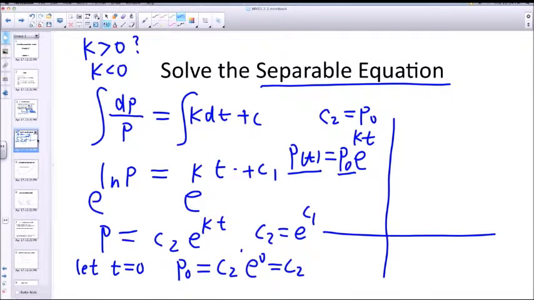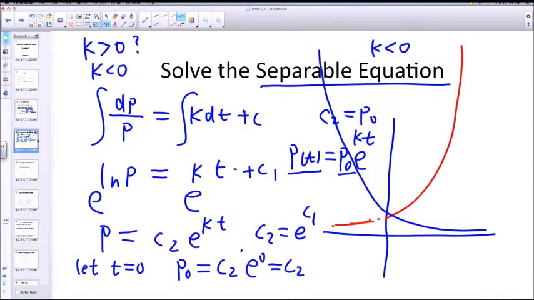If k is positive, you get an exponential growth that may look like that. If k is negative, you get the so-called decay. It goes down like this. So the population in the developed countries is like decaying, and in the developing poor countries is growing. That's the basic phenomenon.